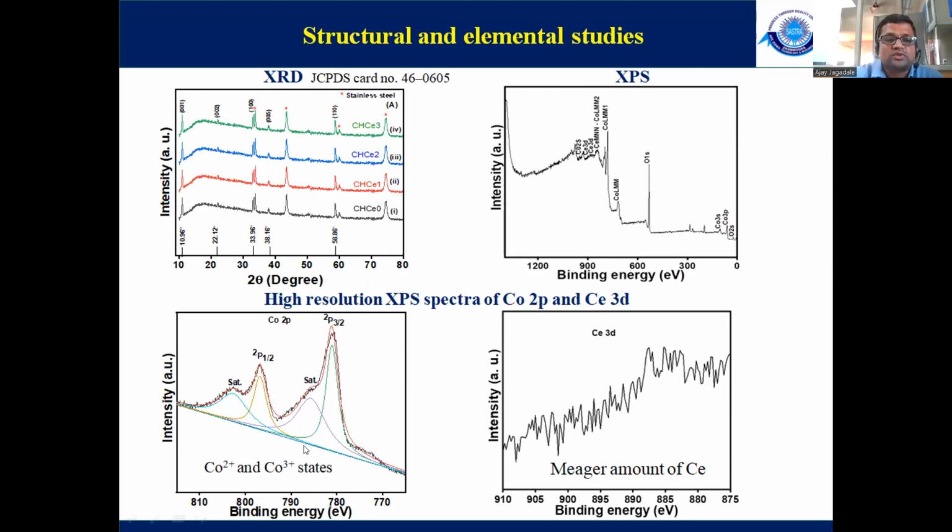In order to find out the oxidation states, we went for the high resolution spectrum, and from this image we can confirm that cobalt is present in two oxidation states, Co2+ and Co3+. The amount of cerium was very small, just 1% cerium, so it was not found in XPS.